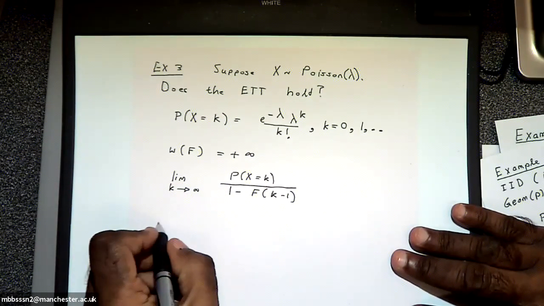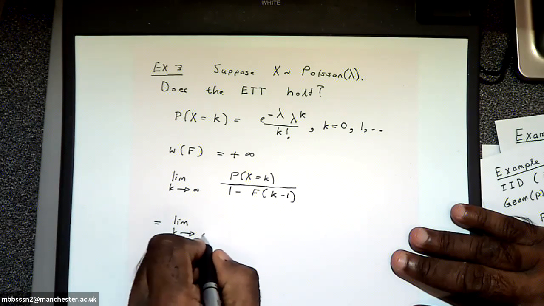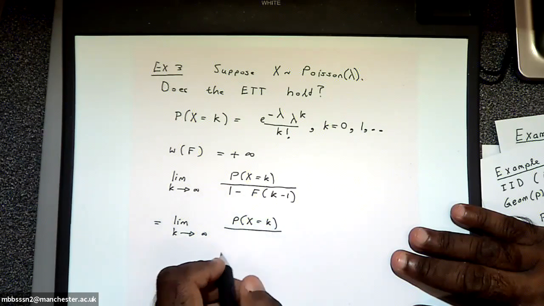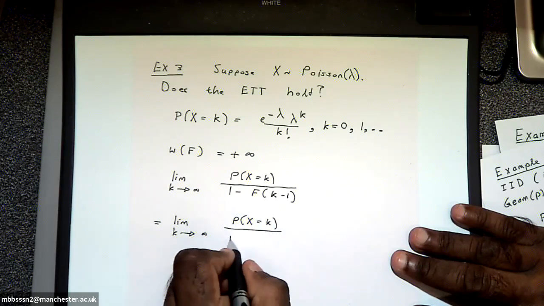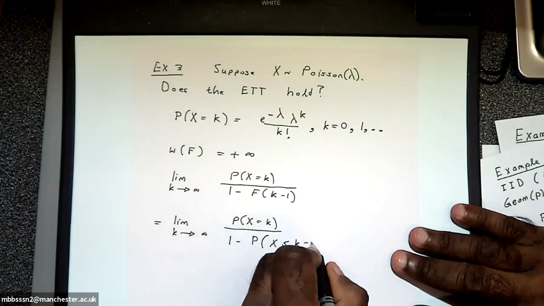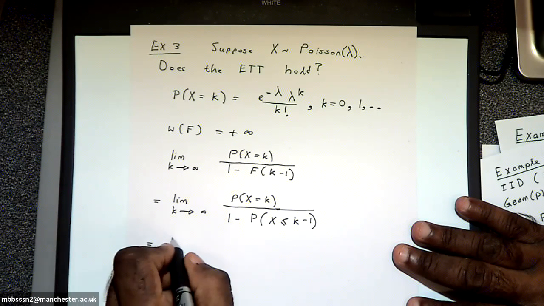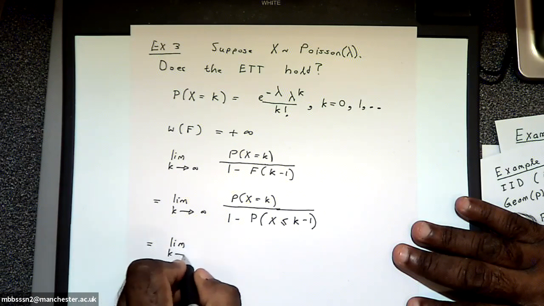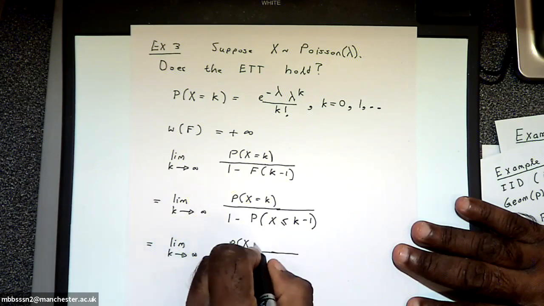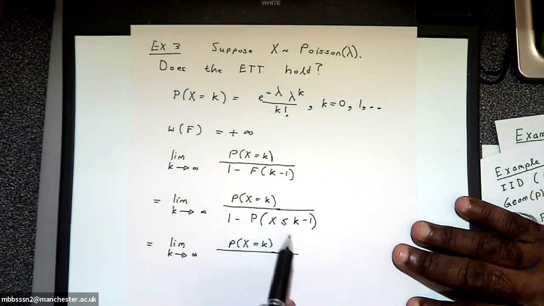So in order to check this condition, you need to take the limit. Now 1 minus the probability that x is less than or equal to, this is the definition of the CDF, right?